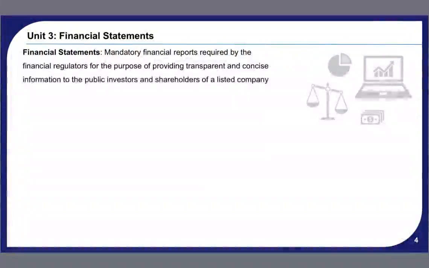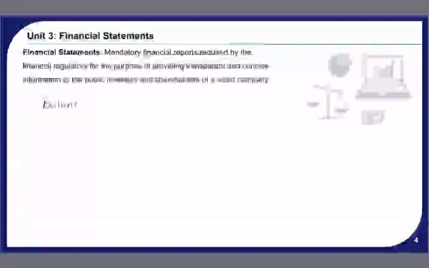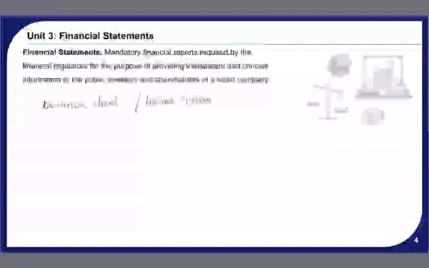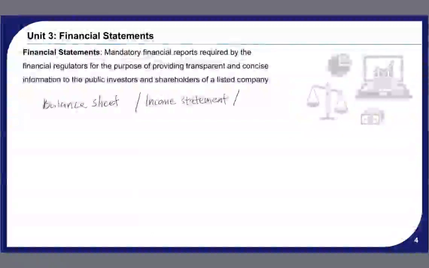So we need to know what a balance sheet is, okay? And we also need to know what an income statement is. Some textbooks call it the profit and loss account. And also there is the cash flow statement, okay?